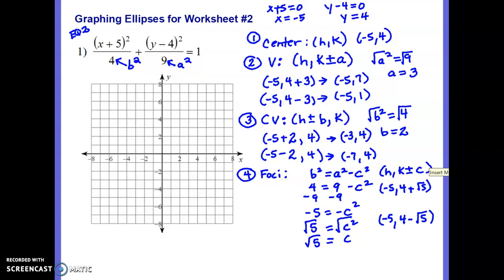So 4 plus the square root of 5, putting that in the calculator. And as the decimal, it gives me like 6.2. So this point is -5, 6.2. All right, if I do the other one, same way, I'm putting it in the calculator. 4 minus the square root of 5.